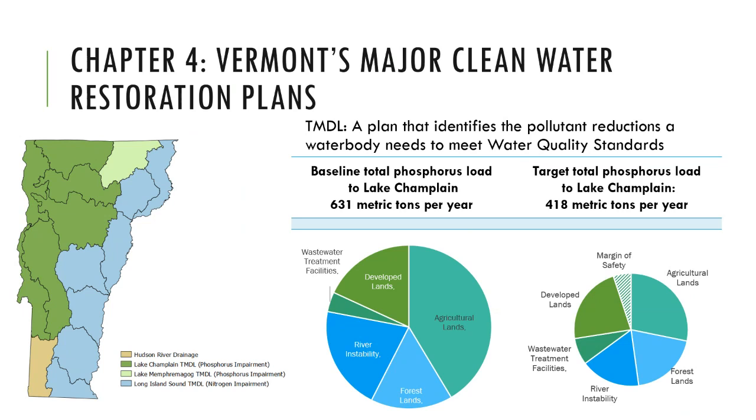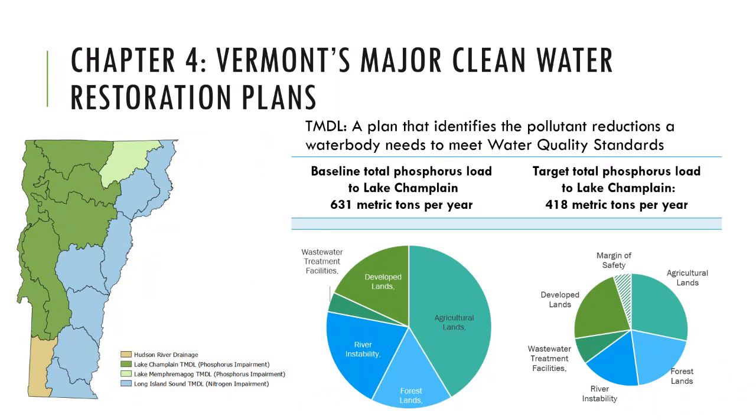So as an example, we have put a lot of efforts into the Lake Champlain TMDL. That TMDL established a baseline of about 631 metric tons of phosphorus being added to Lake Champlain per year. And that is more than we believe that the lake can handle.